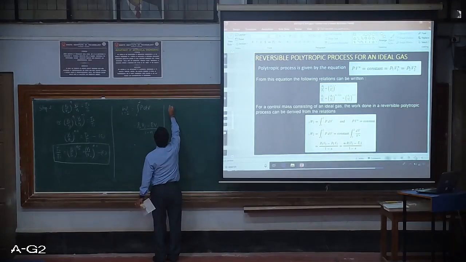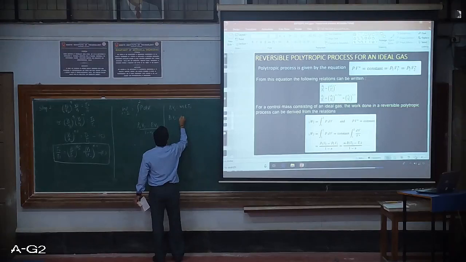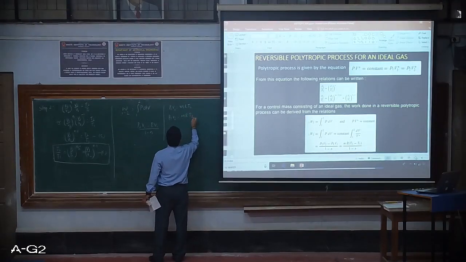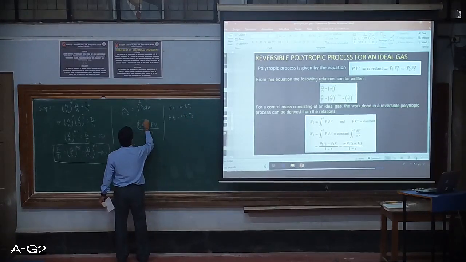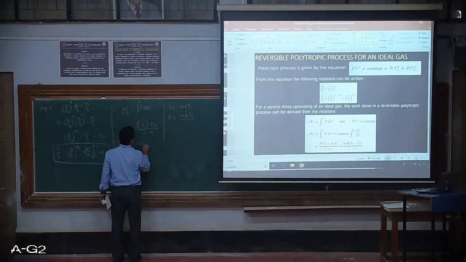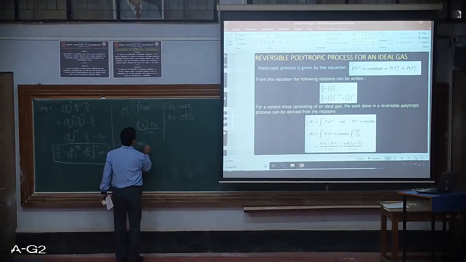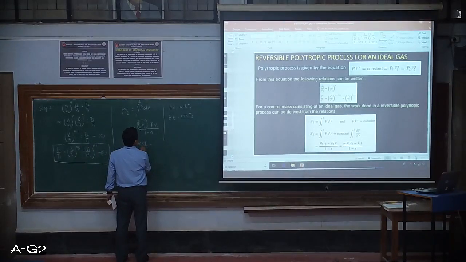We know that for an ideal gas P1 V1 is equal to mR T1 and P2 V2 is equal to mR T2. So substitute that. So here P2 V2 is equal to mR T2 for an ideal gas. Now I will be substituting for an ideal gas. So work done expression can be taken as P2 V2 equal to mR T2.